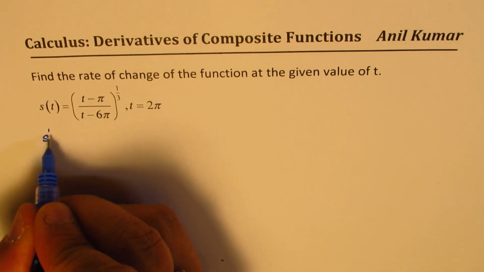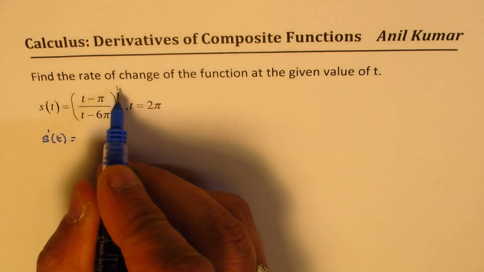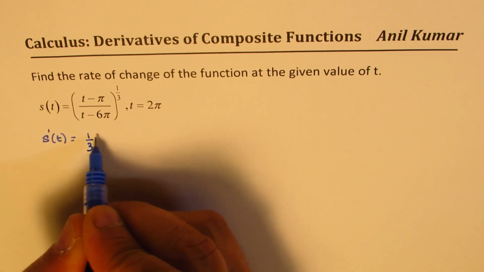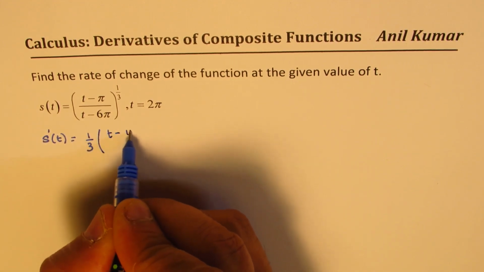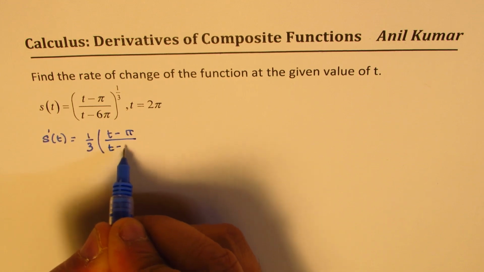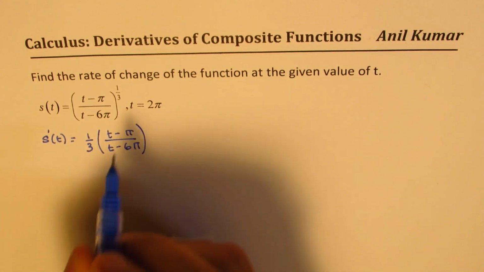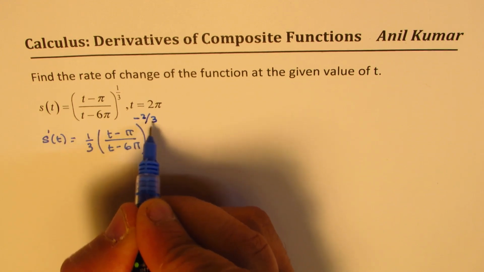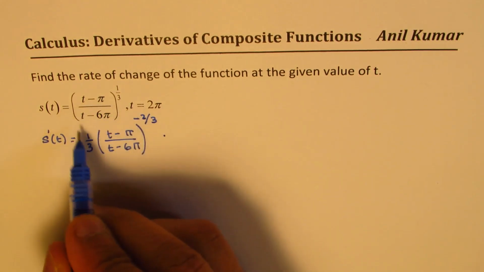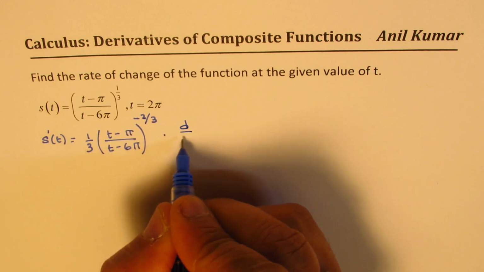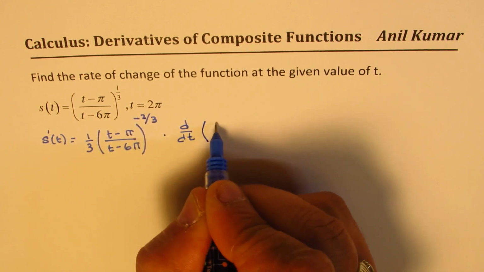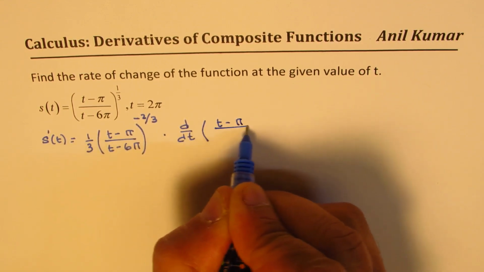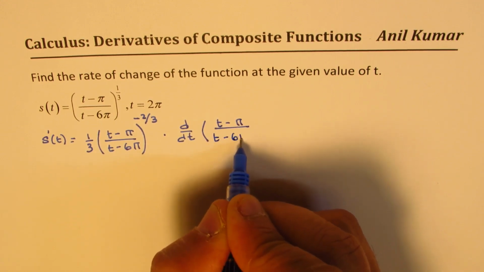So we get the derivative of this function equals 1 over 3 times (t minus pi over t minus 6 pi) to the power of 1 over 3 minus 1, that gives you minus 2 over 3, correct? Times the derivative of the inside function, so d dt of t minus pi divided by t minus 6 pi. Clear?